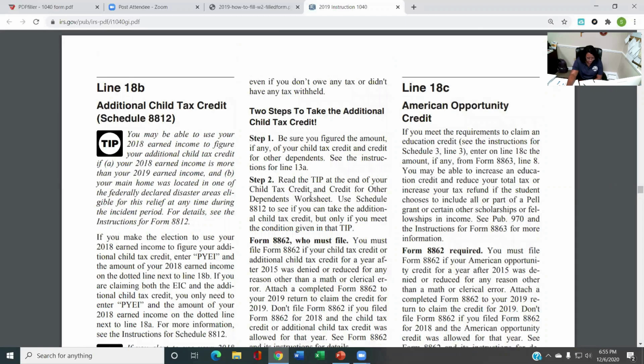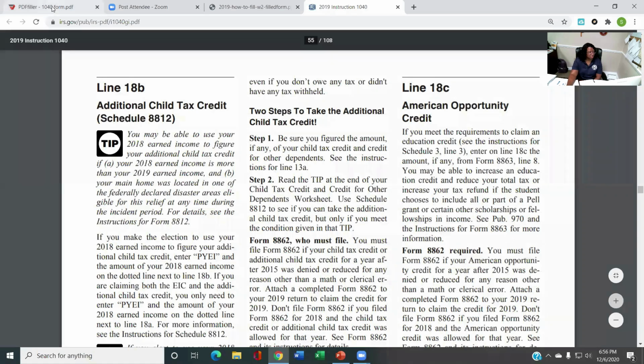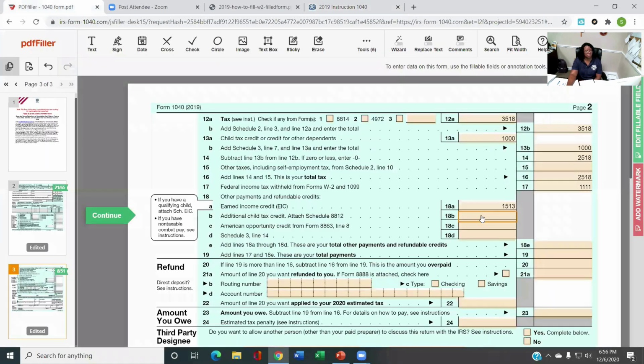So the additional child tax credit is normally $1,200. That's what it was before. So we say the additional child tax credit based on this person's income, let's say it's $1,000.